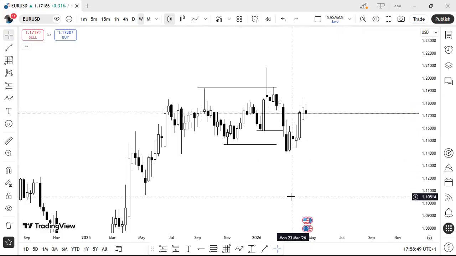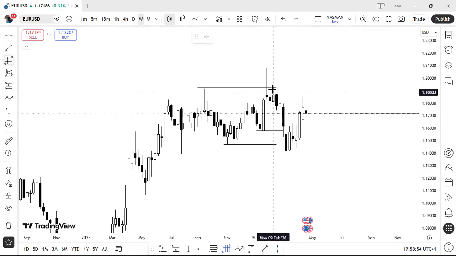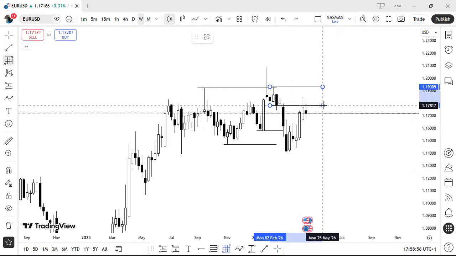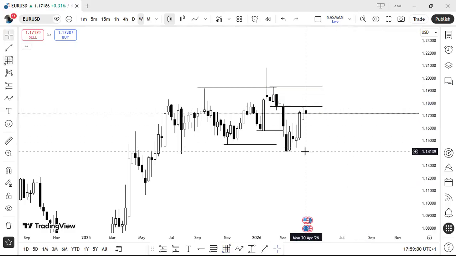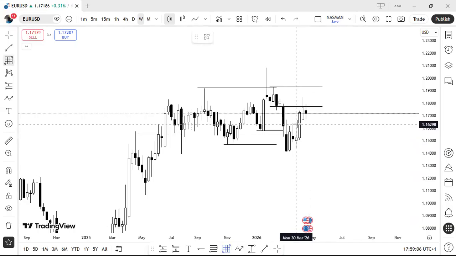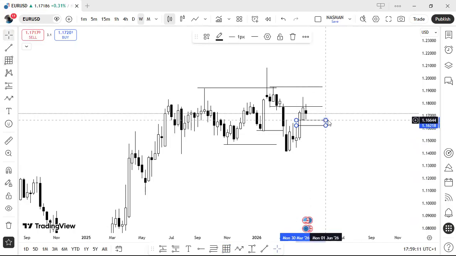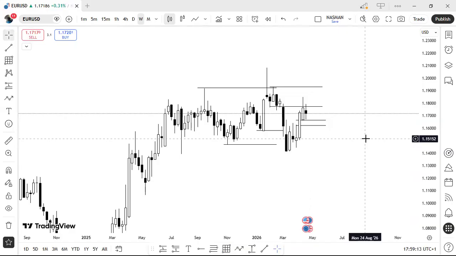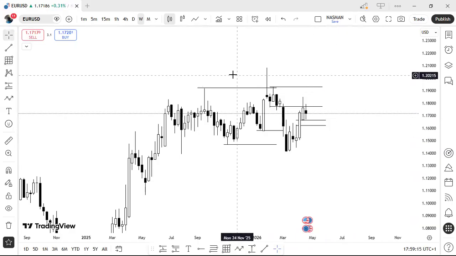So since the EUR/USD is bearish and the price has already reacted from this weekly order block, and I'm seeing a weekly bearish rejection candle, this rejection candle may serve as a confirmation that EUR/USD might continue to sell within the week.